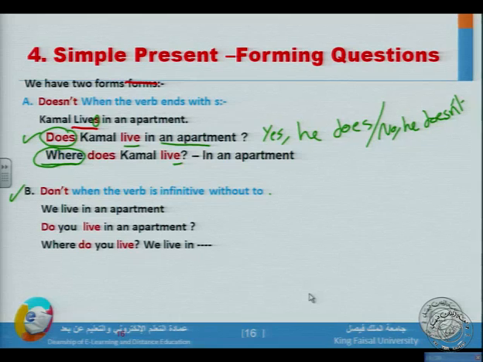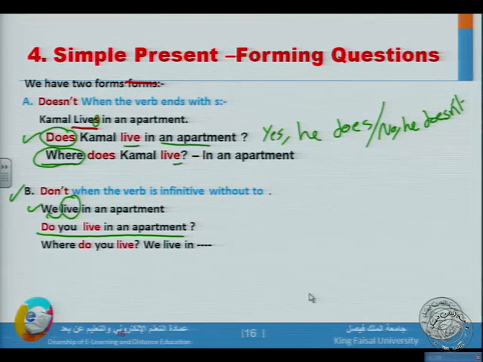We live in an apartment. وين الفعل؟ live. ليه ما أضفنا له S؟ لأنه في جمع. فلاحظوا live the فعل the verb does not have S. Okay, so when we ask yes no question we put do you live in an apartment. ما حكينا does you لأنه في الأصل في الجملة كانت live مجردة، فبنحكي do you live in an apartment. ما بنقدر نحكي does you، لازم do you.